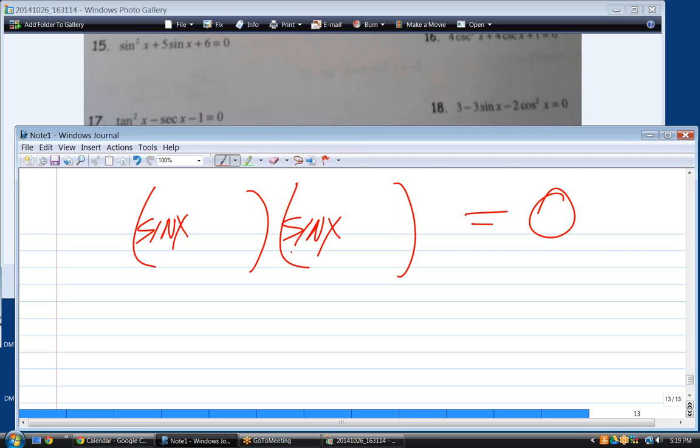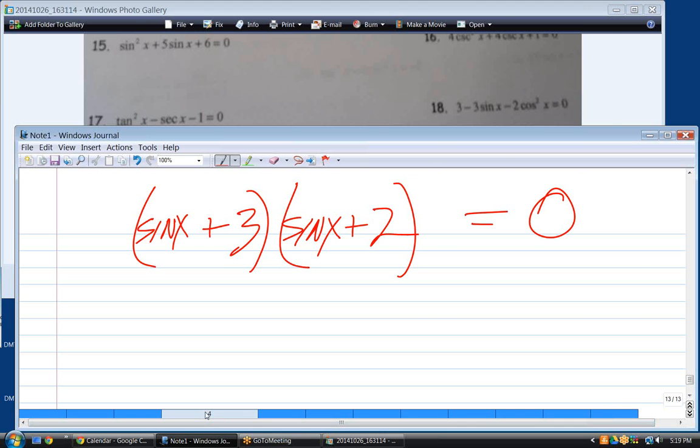Okay. What else? Both signs will be positive. And then the factors will be either 3 and 2 or 6 and 1. 6 and 1 don't work. Just 3 and 2. Okay. 6 and 1 would produce a 7 right there.